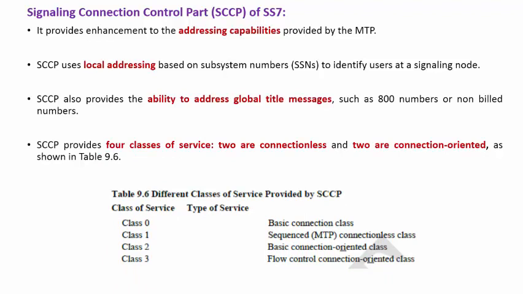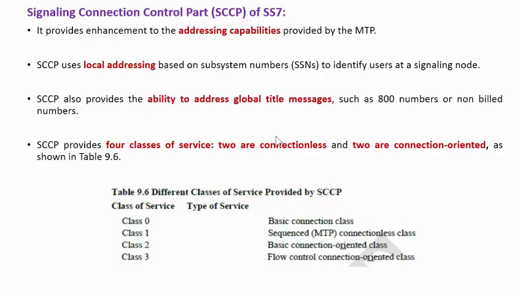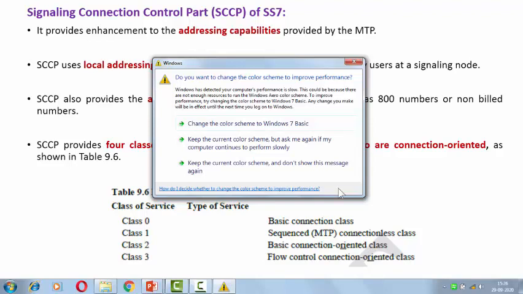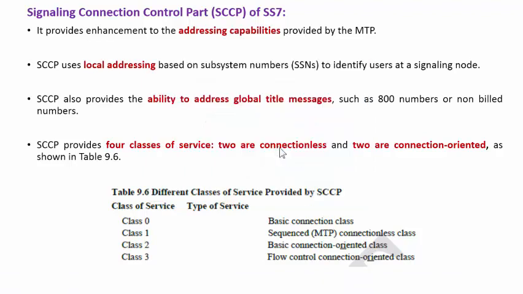So there are 4 classes of services offered by this SCCP. Out of the 4, 2 are connectionless services and 2 are connection oriented services. Here we can see the different services offered by this SCCP, class 0 to class 3. Class 0 service is related to the basic connectionless class.